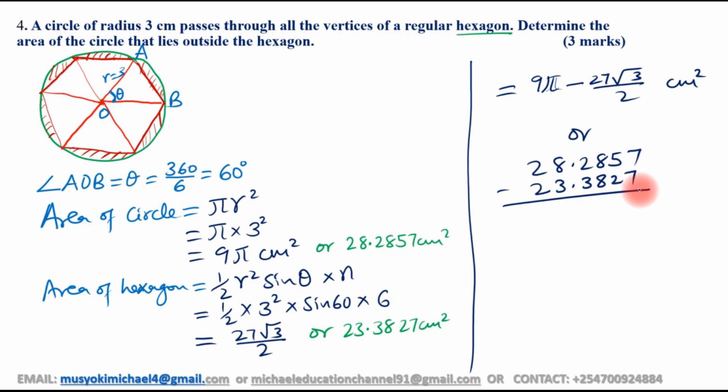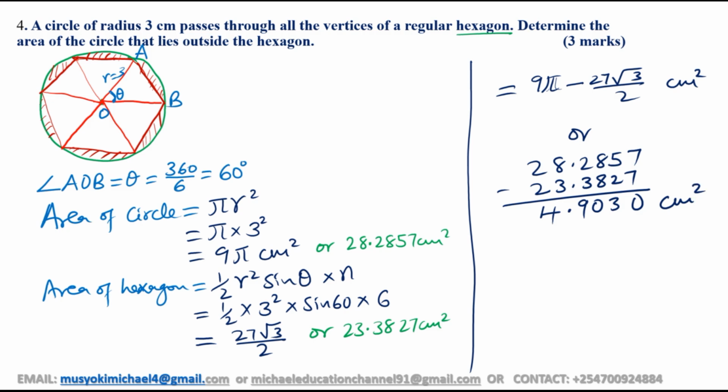If we do the subtraction, this will be 0.3094 centimeter squared. So that is the area outside the hexagon.